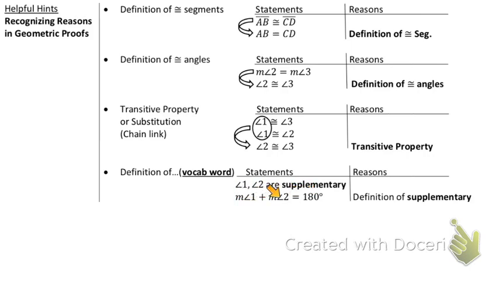The reason we can say this is because it's the definition of supplementary. Supplementary means two angles equal to 180. So again, these are just some definitions and properties that you're going to have to use, and we've got to get comfortable with what they mean, how to use them, and being comfortable writing the reasons we are saying these statements.